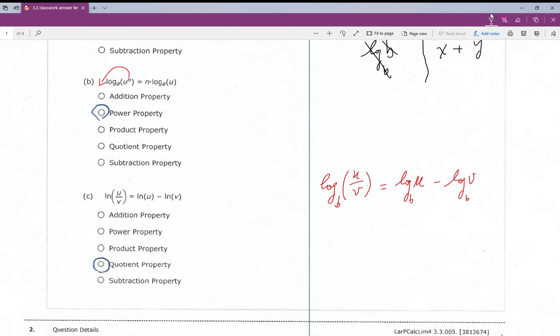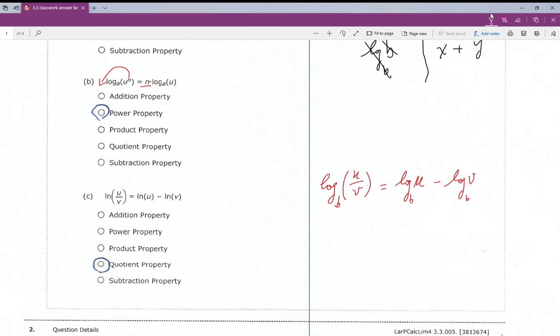I don't want to spend time to prove it for you, but this formula is really useful because sometimes we have a very high degree. It is hard to deal with. So if you can bring down this exponent to the ground and become multiplication, the whole thing becomes easier.